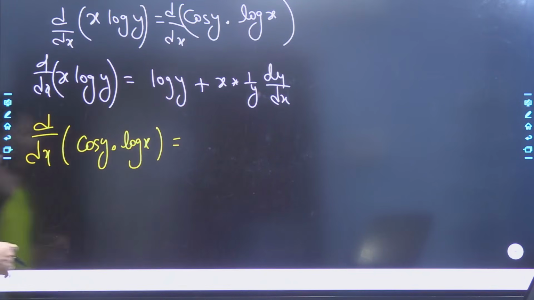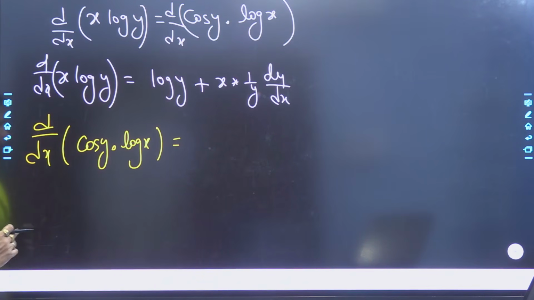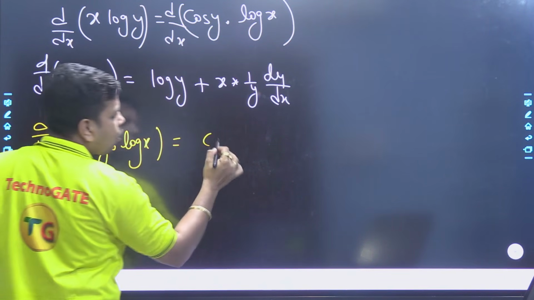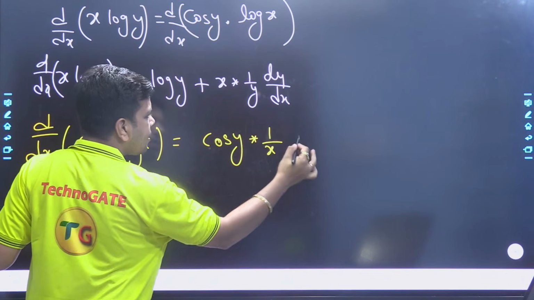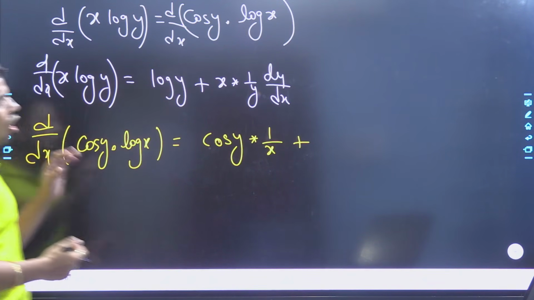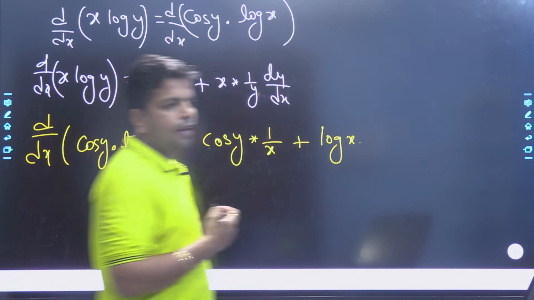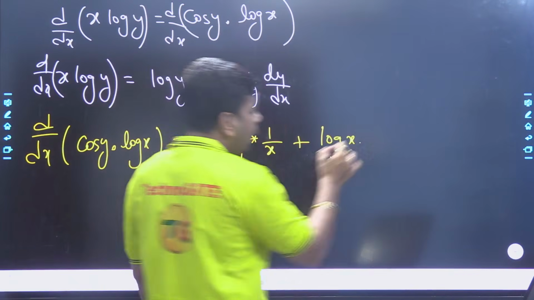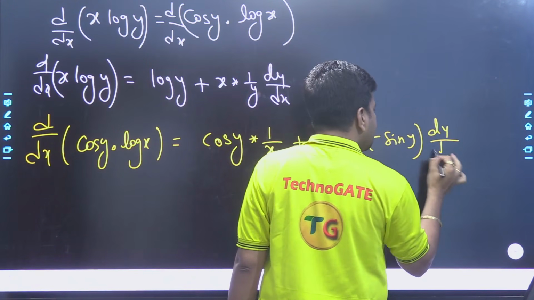So cos y is as it is, and the differentiation of log x is 1 by x, plus log x as it is, and the differentiation of cos y is minus sin y, and the differentiation of y is dy by dx.